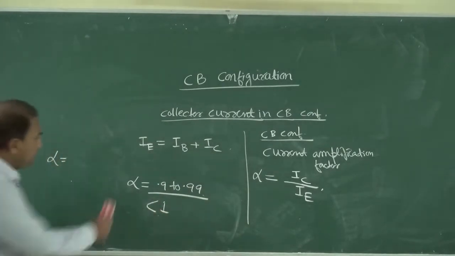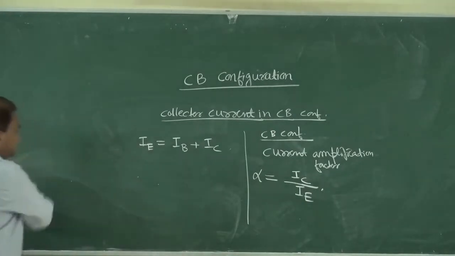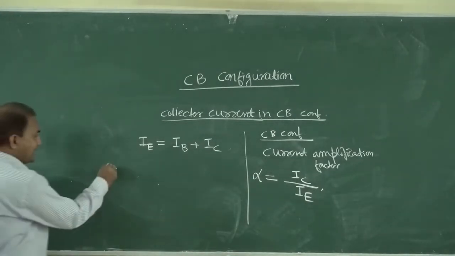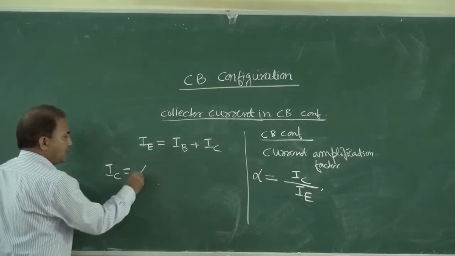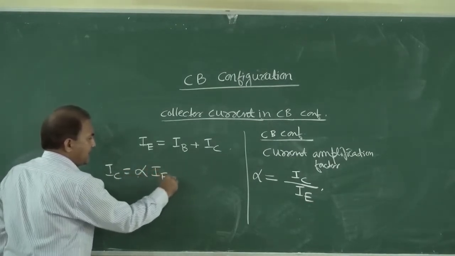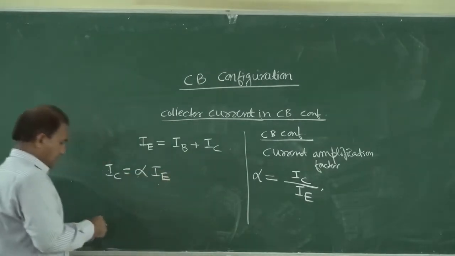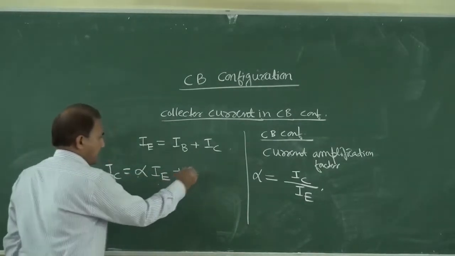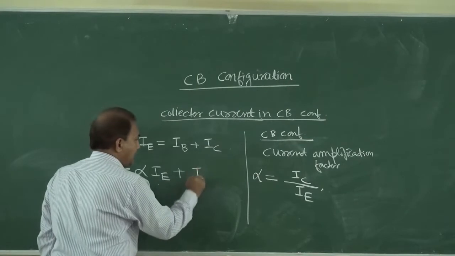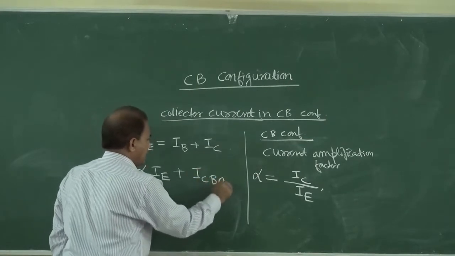Now we can write IC equal to alpha times IE plus ICBO.